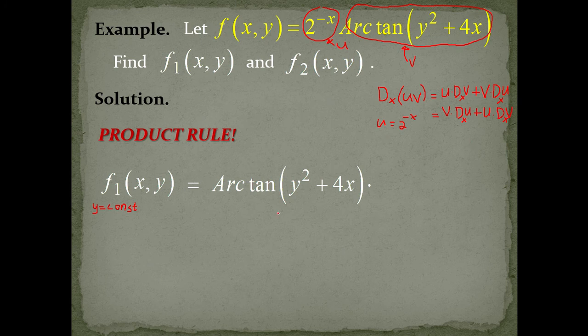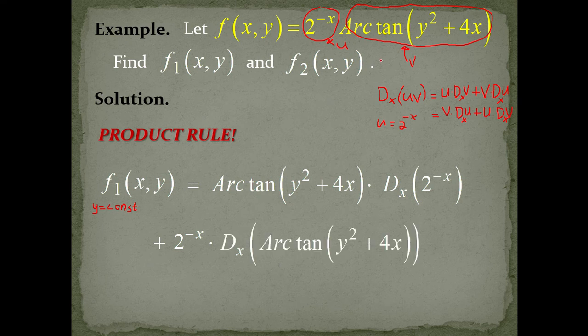So this is our v times the derivative of u. How will you rewrite this one? This is the derivative of u with respect to x. Then plus u times the derivative of v.